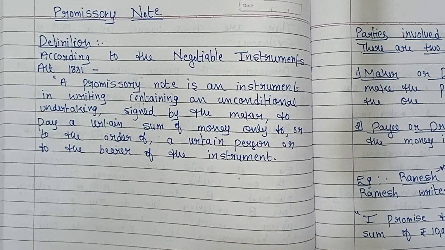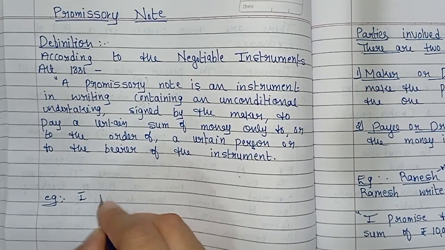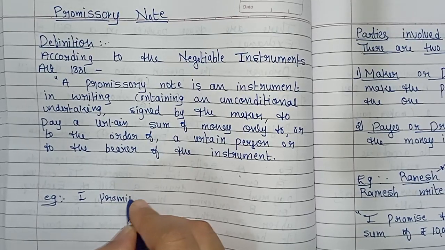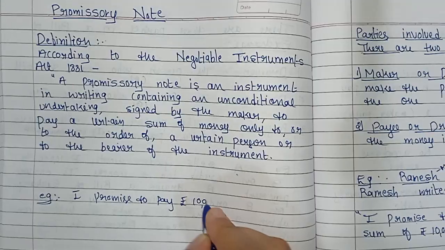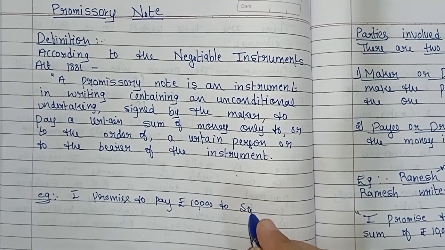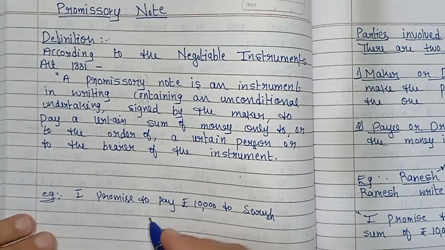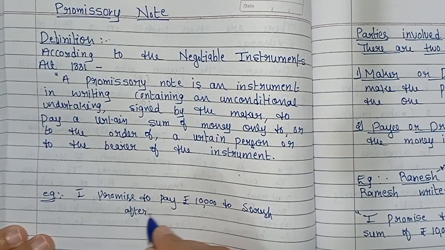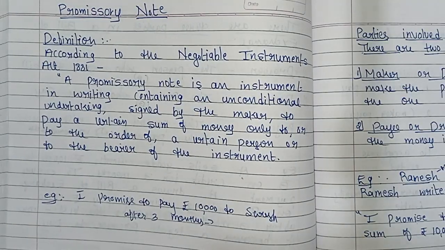See, for example, I promise to pay rupees 10,000 to Suresh after 3 months. Here there are no conditions.